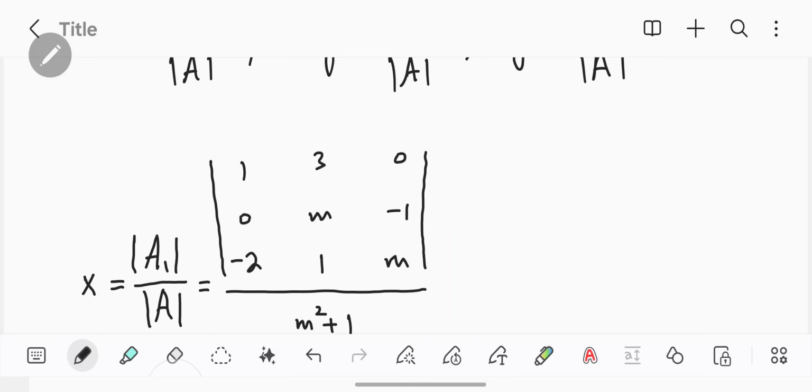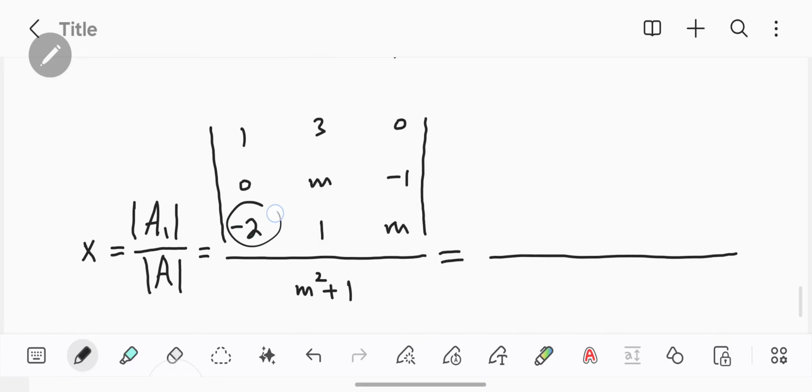Now I have to find this determinant on the top. In order to find this determinant, it's easy to make a 0 here first. Either you can make 0 here or you can make 0 here, it's up to you. So if I make 0 here, what can I do?